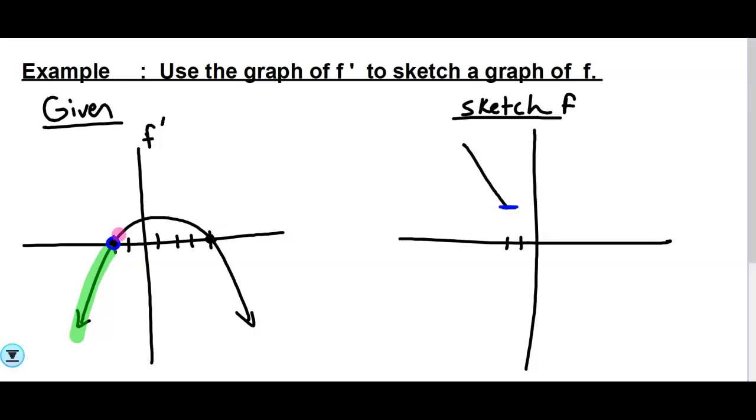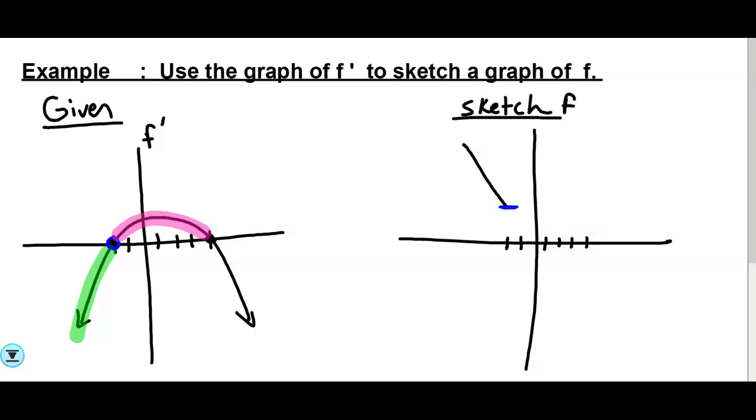To the right of negative 2 and to the left of 4, so in between negative 2 and 4, I see that f prime is above the x-axis, which means that f is going to have a positive slope between negative 2 and positive 4.